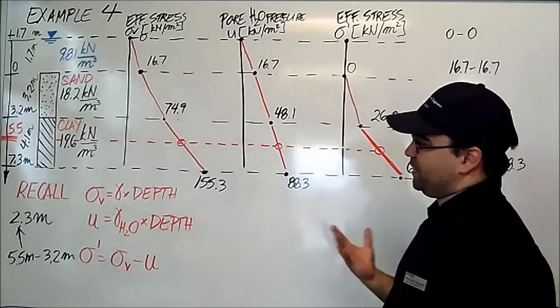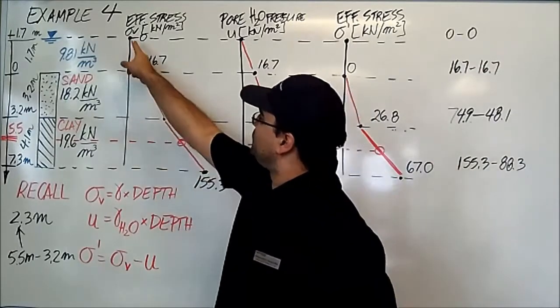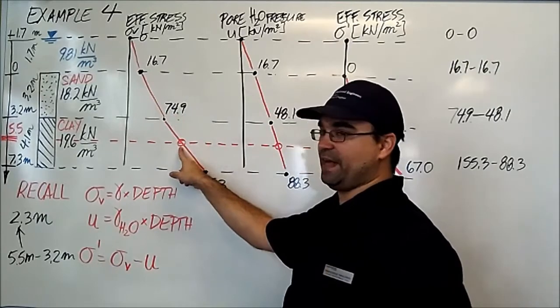Okay. So again, refer to what you've sketched down for example 4. We were able to come up with this for the effective stress. So we have this value, this value. What is that value?